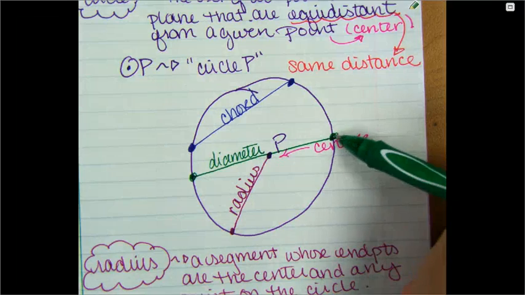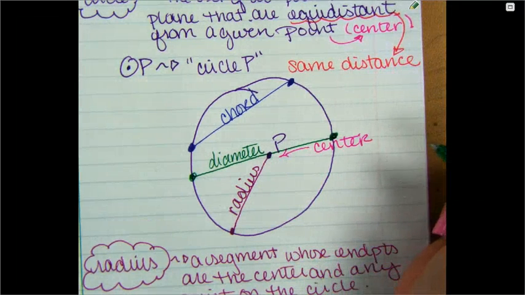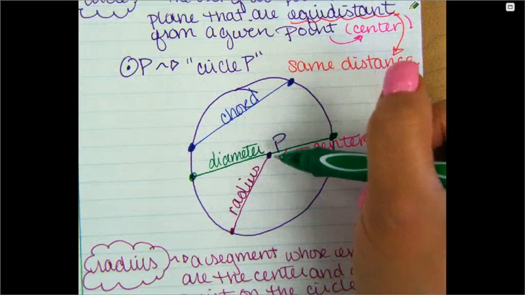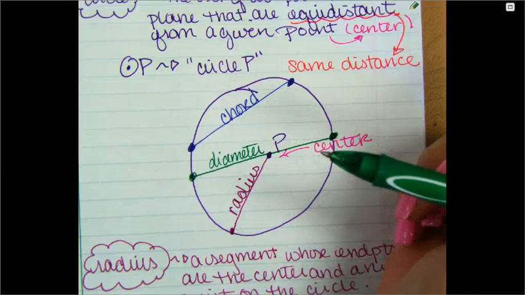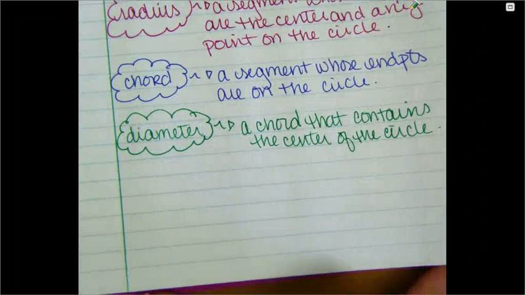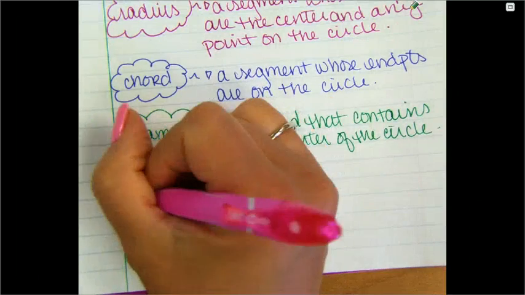It is a chord. Why is it a chord? Because its endpoints are where? On the circle. Is a chord always a diameter? No, but is a diameter always a chord? Yeah. Okay? We good here? All right, next word.